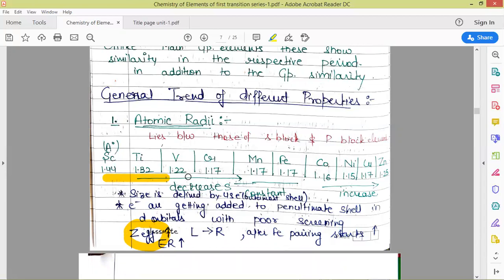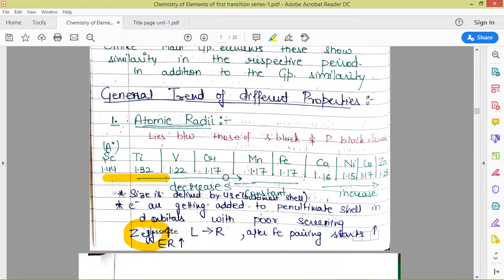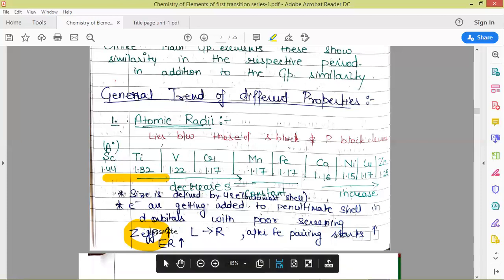After that, as we reach chromium and manganese, electron pairing starts to take place, and the electron pairing factor starts to fight against the increasing Z effective factor. Both compensate each other such that the atomic radii becomes nearly constant for these 3-4 elements.